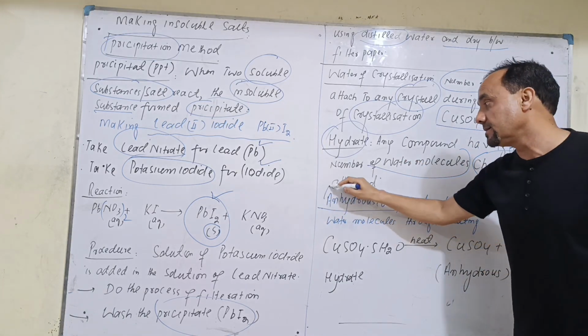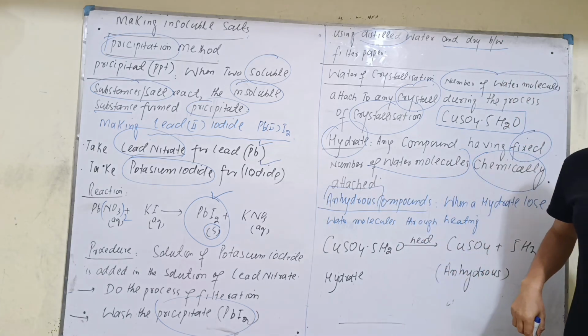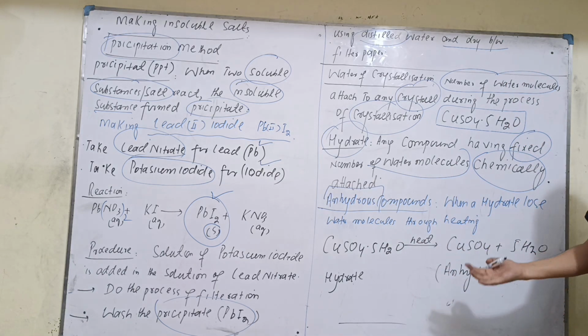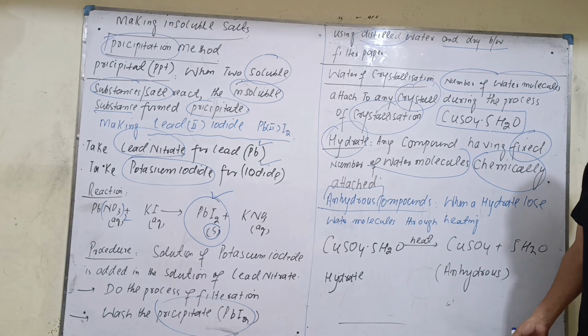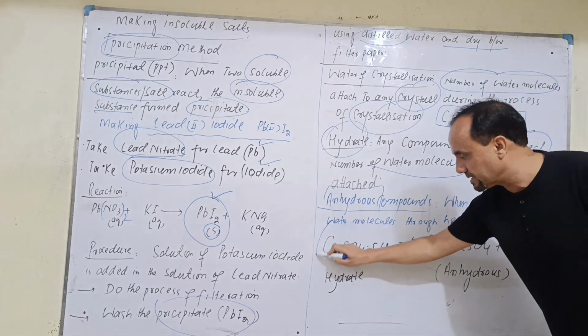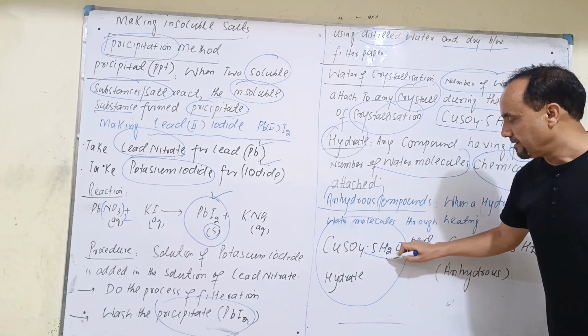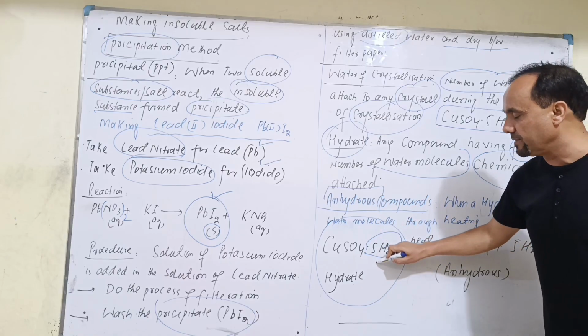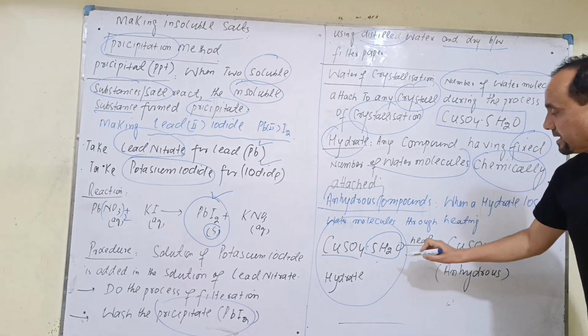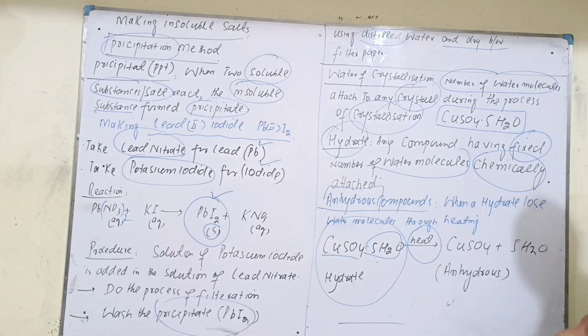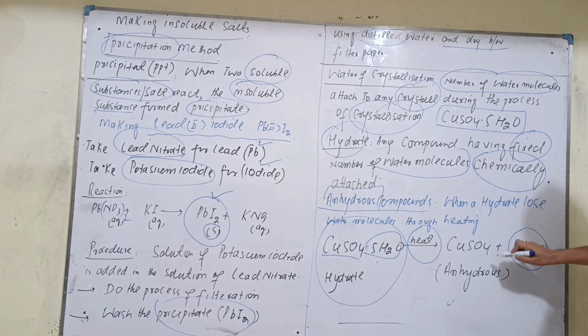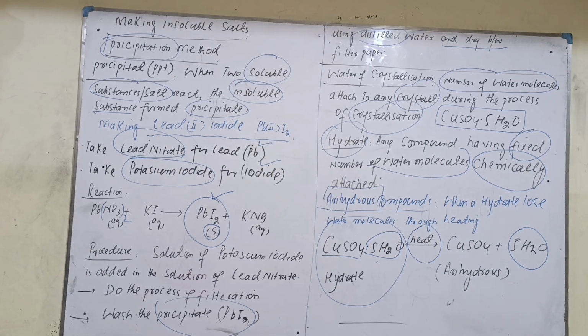And anhydrous: when a hydrate is heated, it will lose water molecules and then become anhydrous. This compound is a hydrate because it contains 5 water molecules which are chemically attached to copper sulfate. Now when this compound is heated, it will lose the water molecules and become anhydrous.